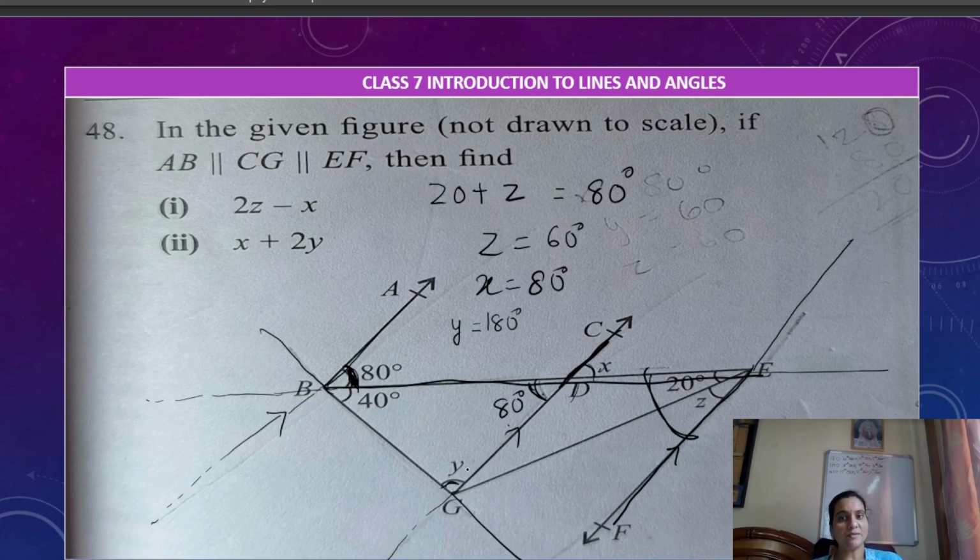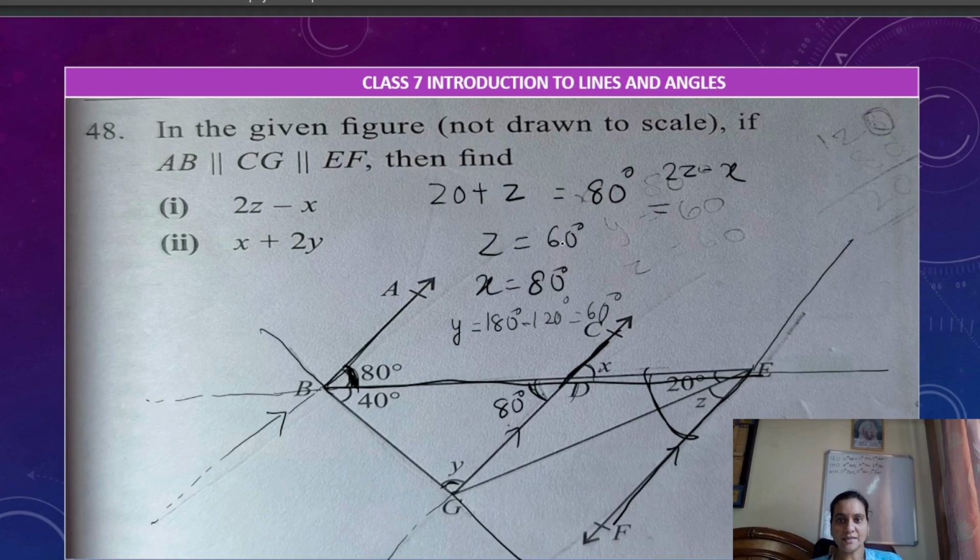That means 120 plus Y equals 180 degree. So I subtract 180 minus 120, I get 60 degree. Alternatively, there is a triangle formed, BDG. In BDG, Y will be equal to 180 minus the sum of these two angles, which is again 120. So Y is 60.